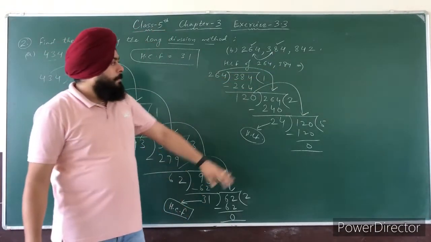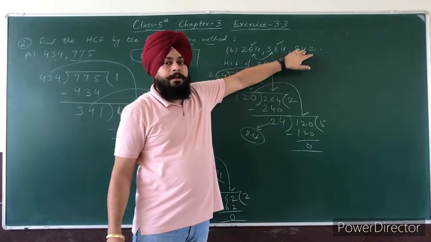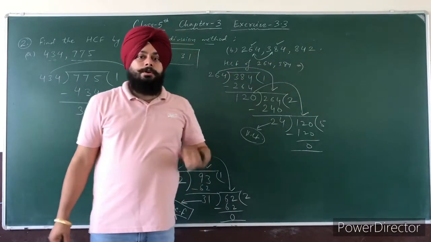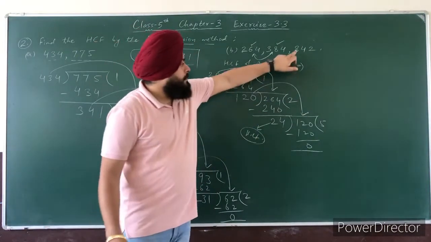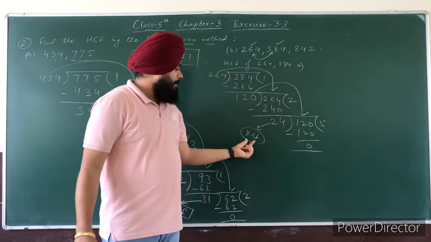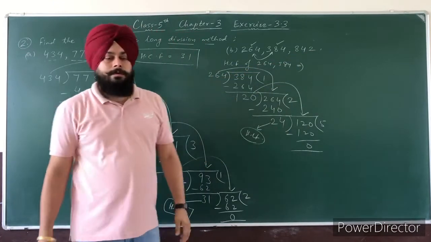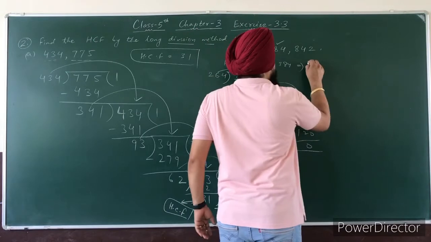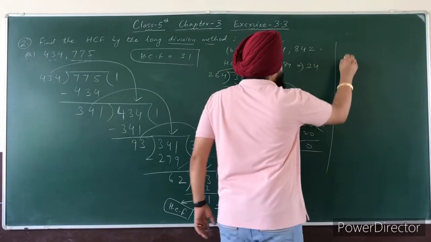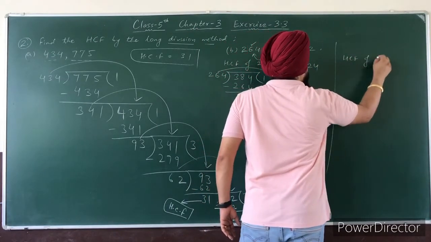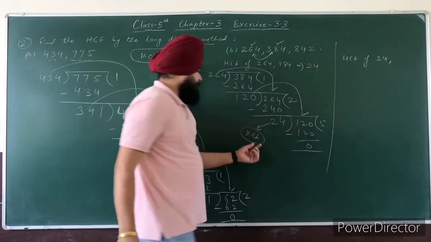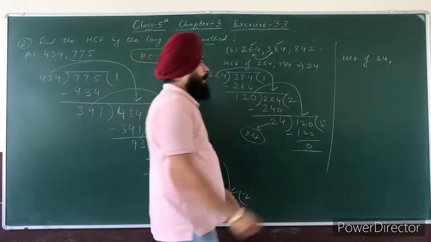Now we will solve the third number. The third number is 842. Now you will find the HCF of this 842 and this HCF 24. Alright.